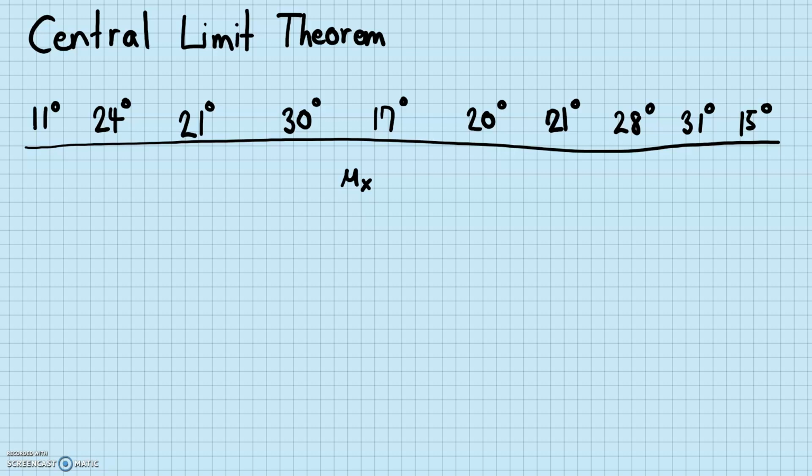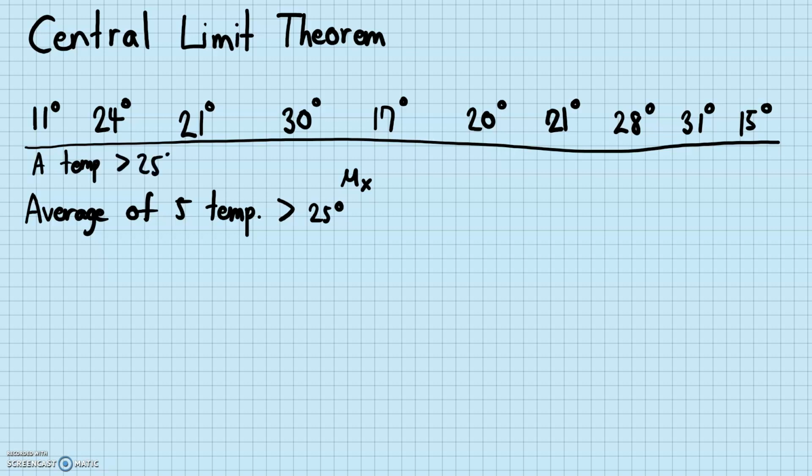But let me ask you a question. What would be the probability that the average of 5 temperatures is greater than 25 degrees? Notice that this is different from asking what is the probability that one temperature is greater than 25 degrees, right?